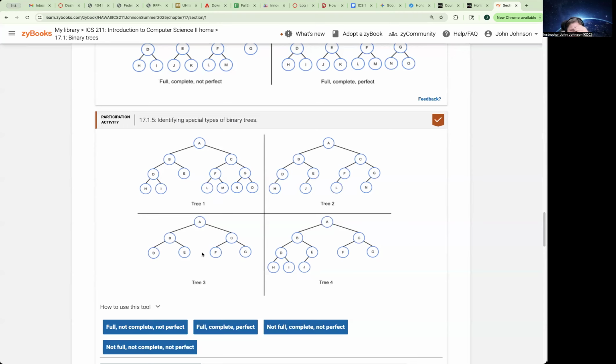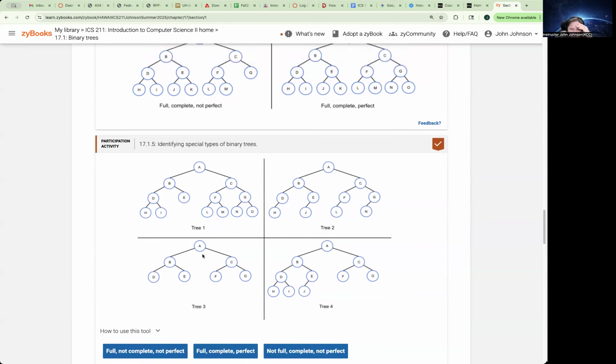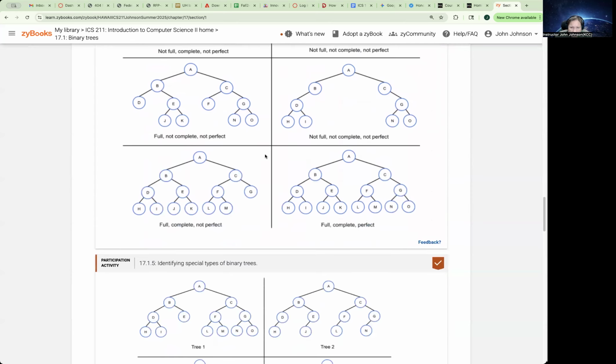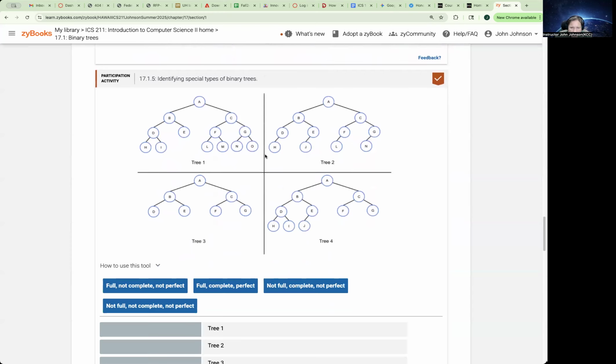So it starts with full. Is this one complete? So then we look at the definition of complete again, and it's if all levels except possibly the last one contain all possible nodes, and all nodes in that last level are as far left as possible. So when we take a look at this one, again, is this one complete? I believe this one right here is complete. So we have full and complete.